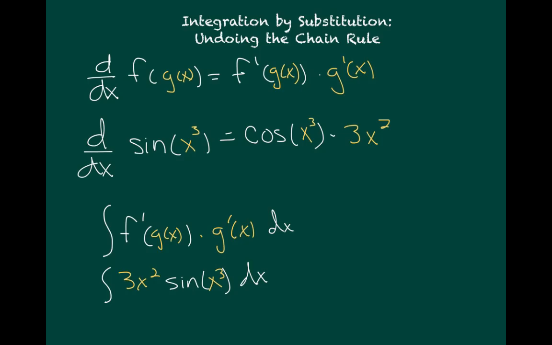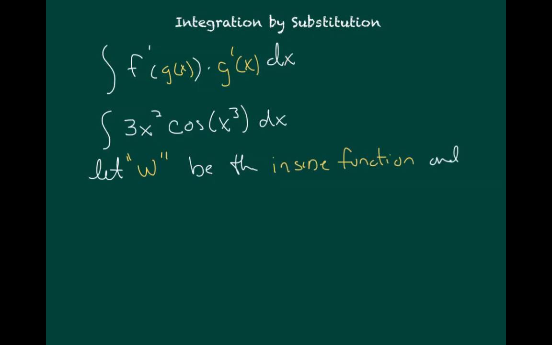So that gives you, there's your f of x, there's your g of x, and here's your g prime of x. Okay, let's take a look at how we're going to formally do this in the next slide.